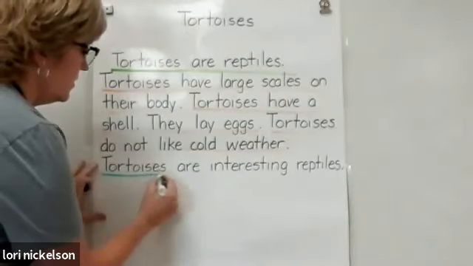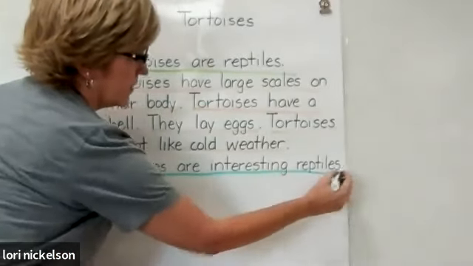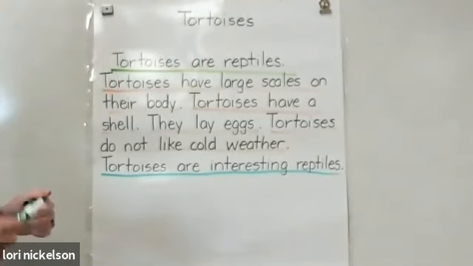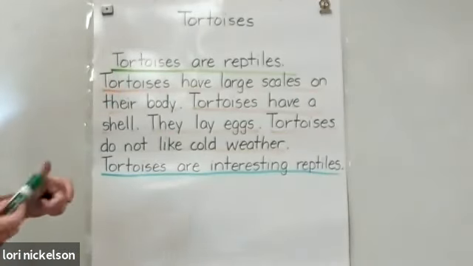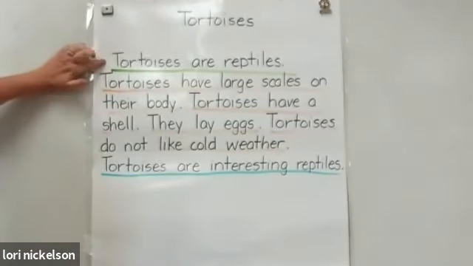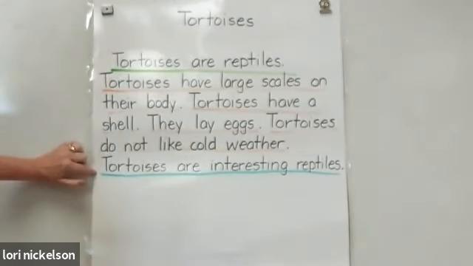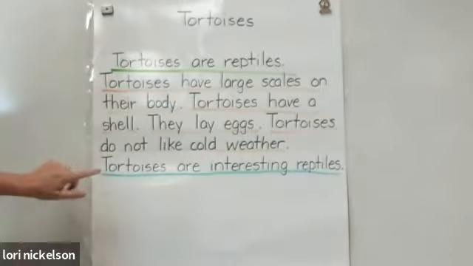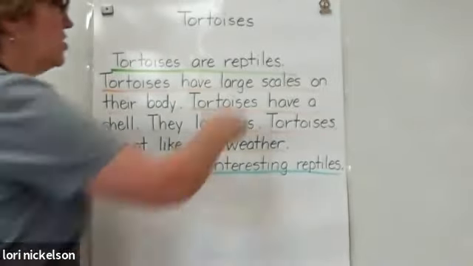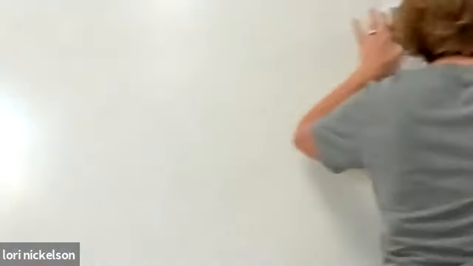And we're going to underline in dark green. So now we have annotated our paragraph on tortoises. We have our topic sentence in light green, our facts and details in orange, and our conclusion in dark green. Great job on annotating that, guys.